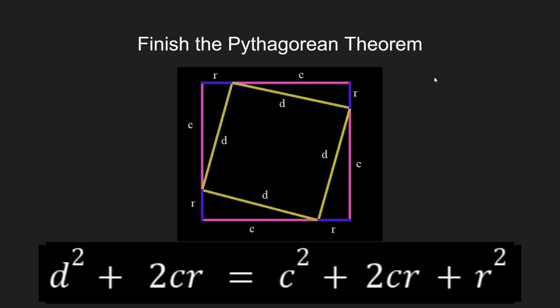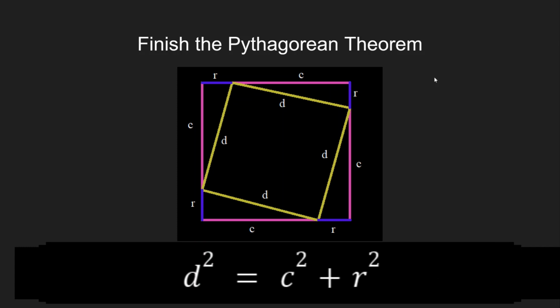And on both sides of the equation we have 2CR, so we can subtract that from both sides. And that gives us D squared equals C squared plus R squared. You may recognize this as the Pythagorean theorem.